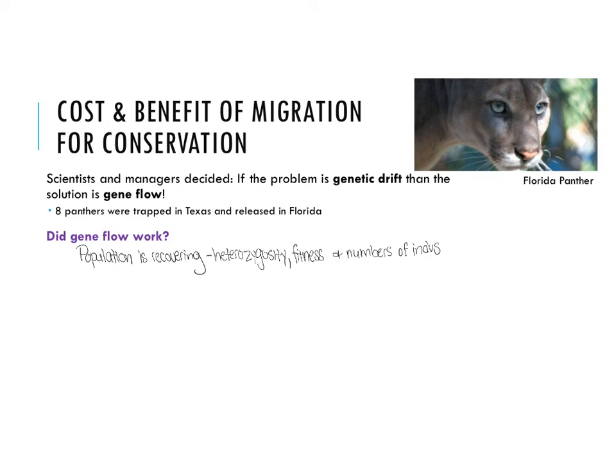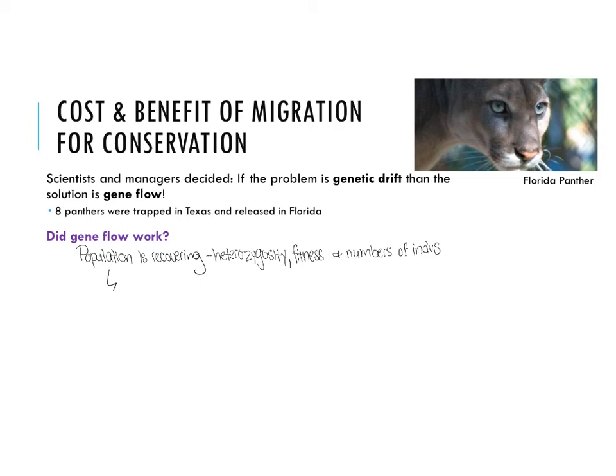But think back to when we were talking about what it takes to balance genetic drift. What was that number? How many individuals a generation do you need to balance genetic drift? It's 1. And they released 8.